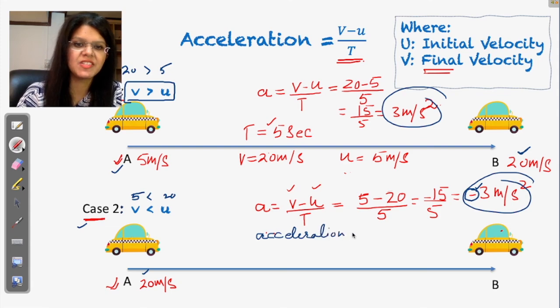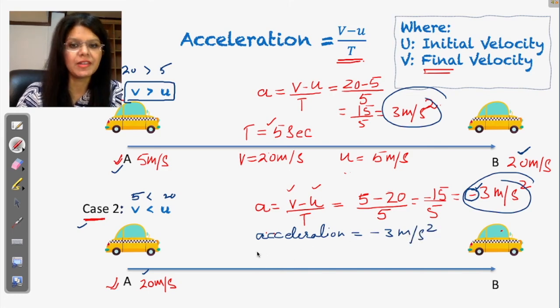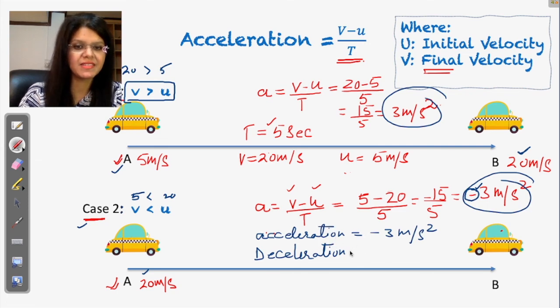The acceleration here is minus 3 meters per second square. Or you can also say the deceleration, it is a special case of acceleration which we call deceleration. So how much is the deceleration? 3 meters per second square.